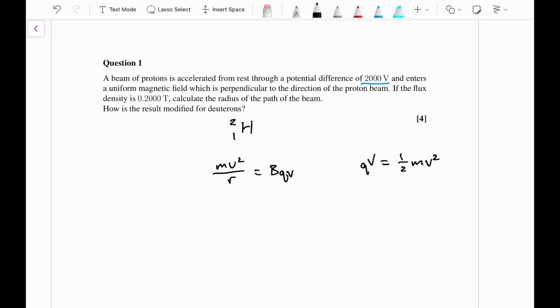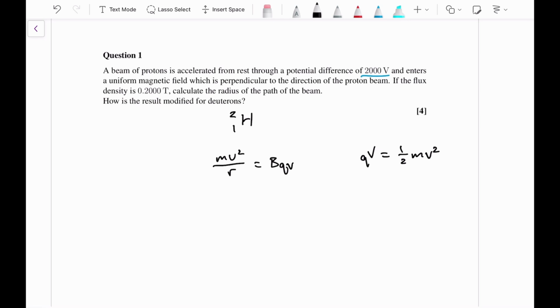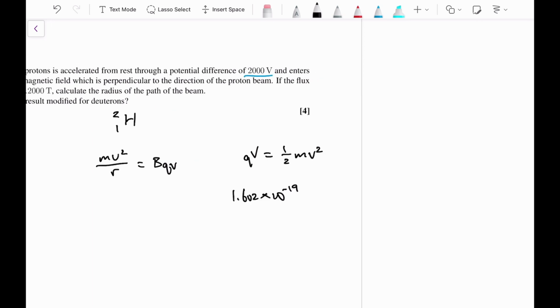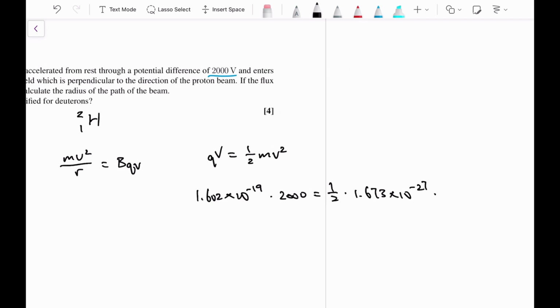So we're going to derive the velocity first. For the charge of a proton, that is the elementary charge, 1.602 times 10 to the negative 19, times the potential difference, which is 2000, is equal to a half times the mass of a proton, which is given as 1.673 times 10 to the negative 27, times the velocity squared.